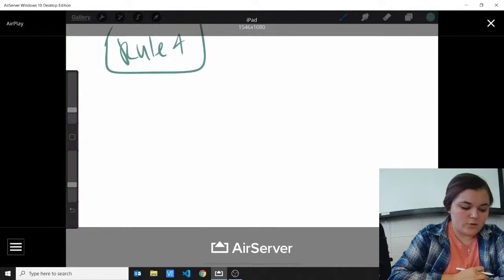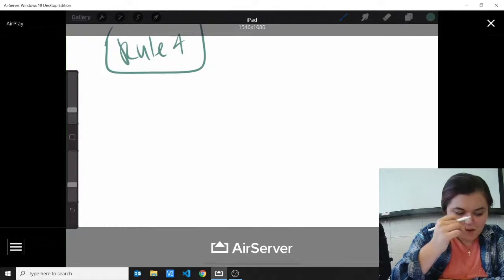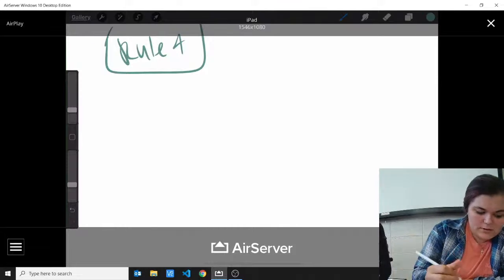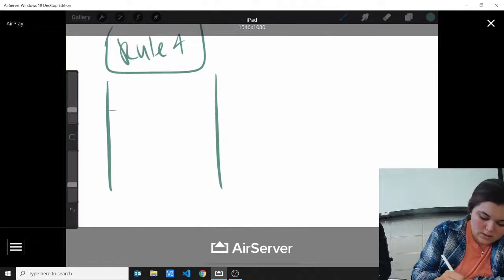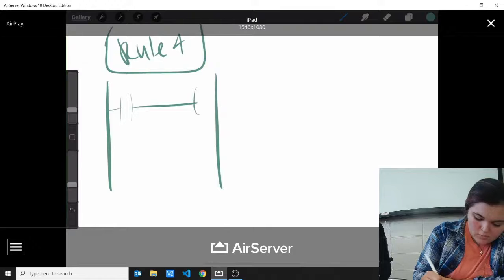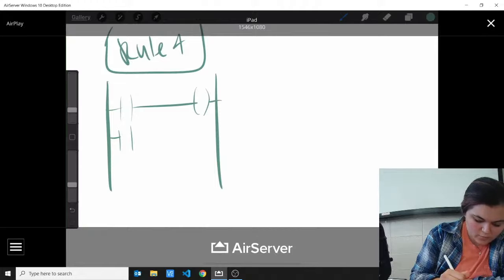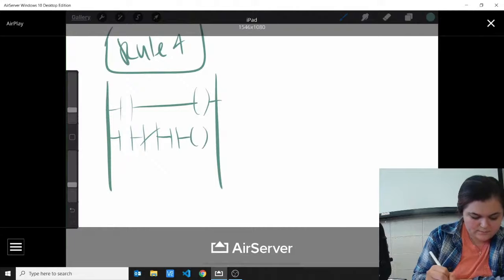So rule number 4: inputs can be programmed at multiple locations in a circuit. Here's an example of that. You've got your line 1, line 2, an input, and your output on rung 0. And now on rung 1, you have a normally open, then a normally closed, then a normally open, and then your output.